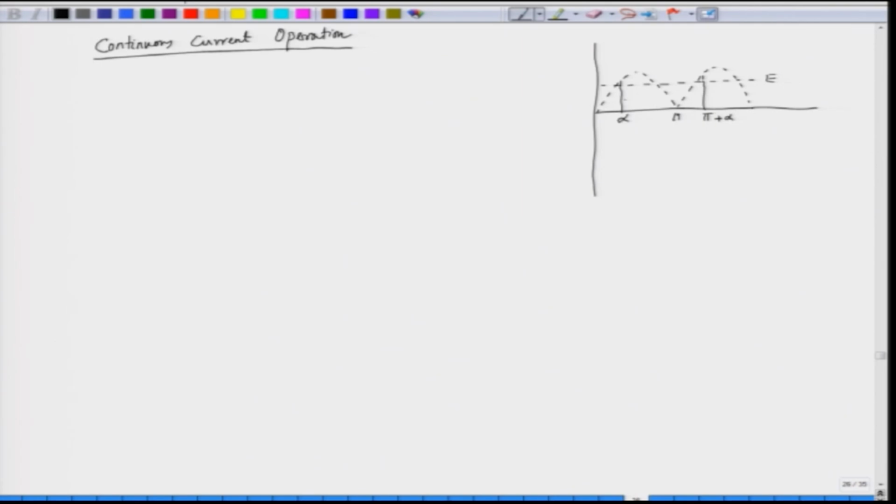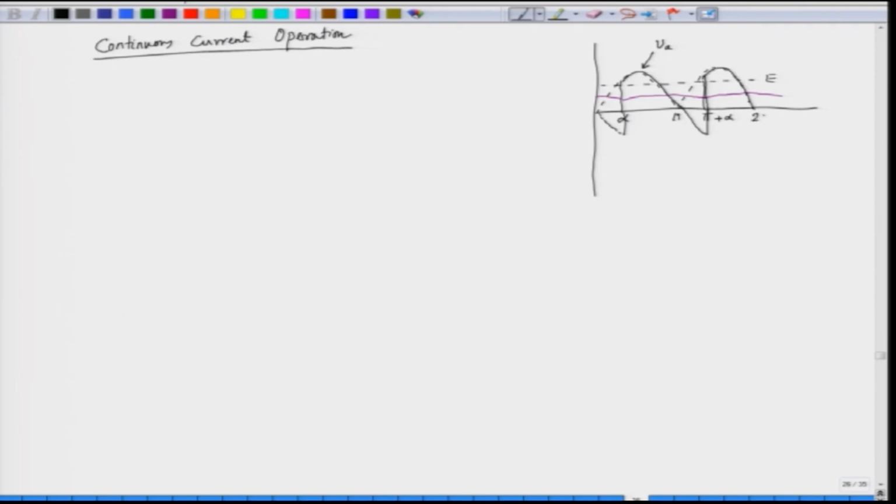So, if we draw the current in this case, current is continuous, current does not come down to 0. So, this is our voltage and the voltage looks like this. We are triggering at an angle alpha and then it is continuous till pi plus alpha. So, the voltage waveform looks like this.